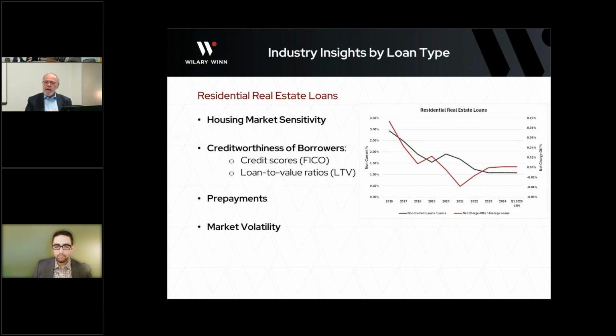And what I mean by that is if you look at the default rates, they plummeted in 2020 and 2021, but at the same time, what you're not capturing here is that prepayments were huge in those years, and so you're not dividing or separating the data in a way that makes it useful.